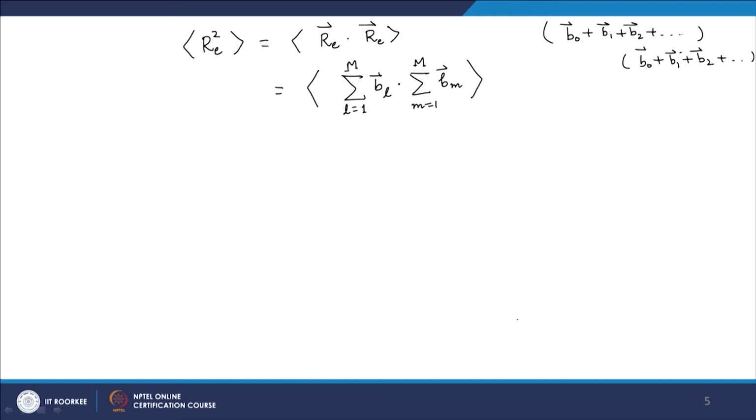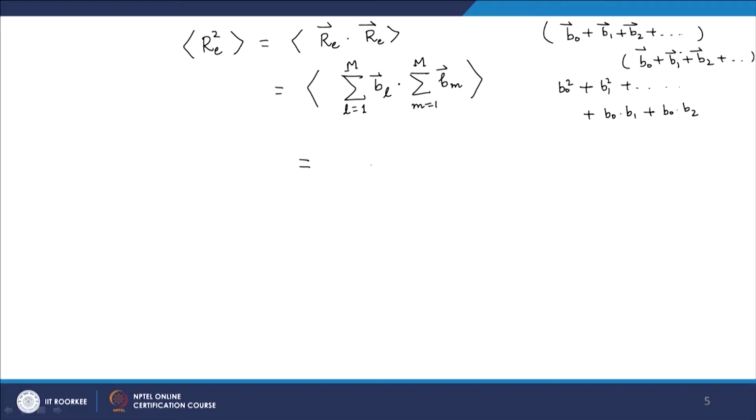Of course, I will have terms like b naught square, b1 square and so on, but I will also have cross terms like b naught dot b1 plus b naught dot b2 and so on. Okay. So, to include the cross terms, we must be using this particular formula where I am using different indices for the two R_E vectors.